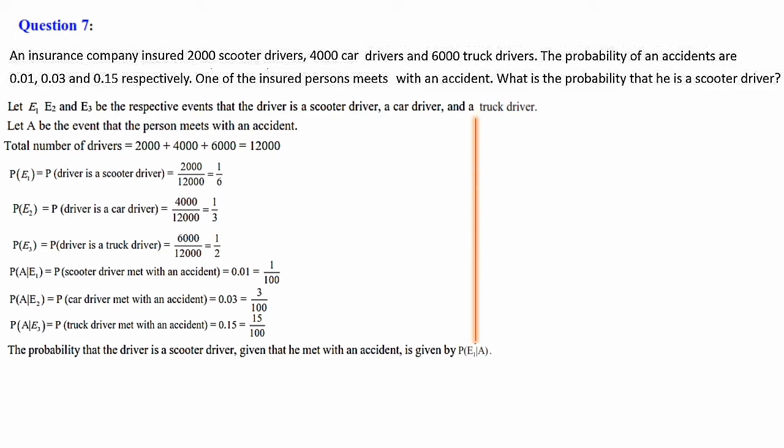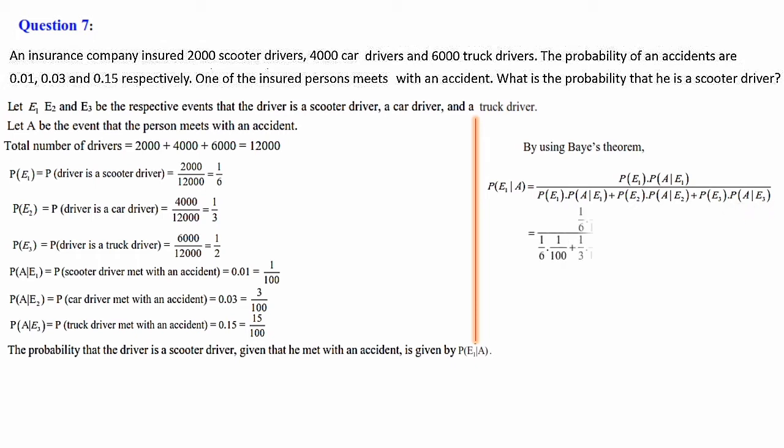By using Bayes theorem, we can write the formula: P of E1 given A is equal to P of E1 into P of A given E1, divided by the total probability, P of E1 into P of A given E1 plus P of E2 into P of A given E2 plus P of E3 into P of A given E3. Let's substitute.